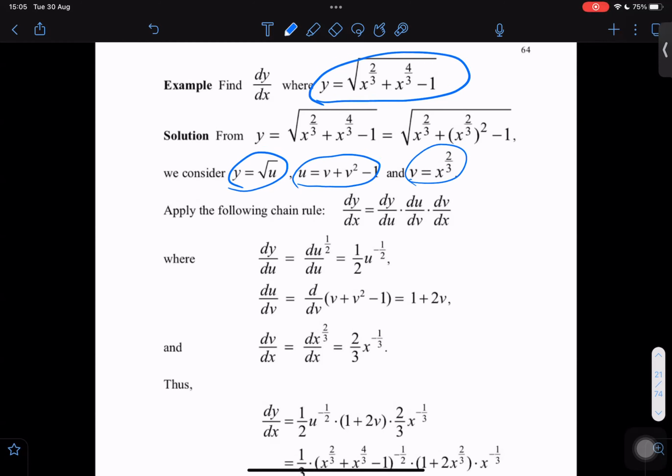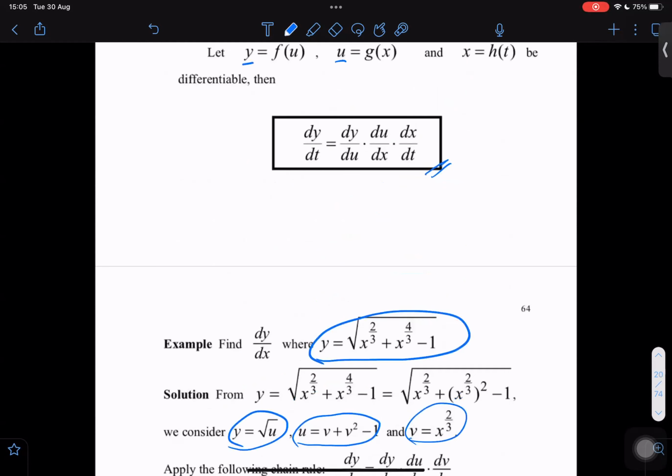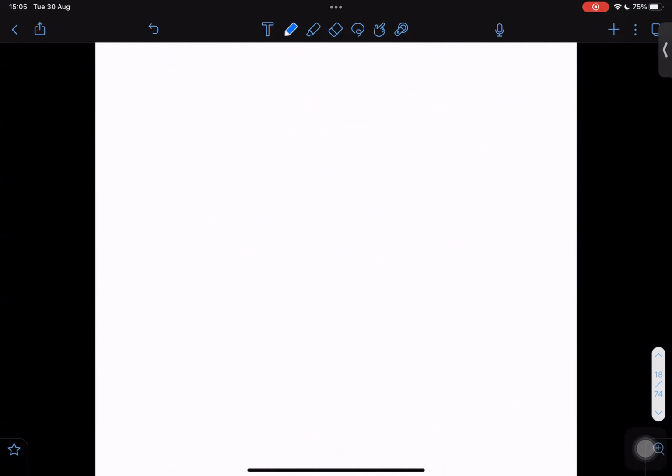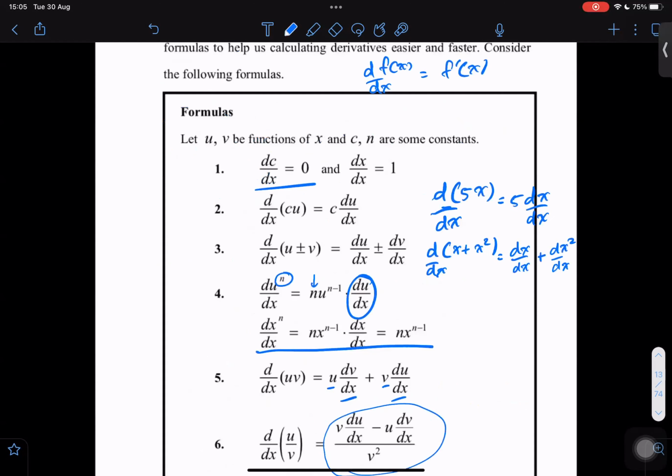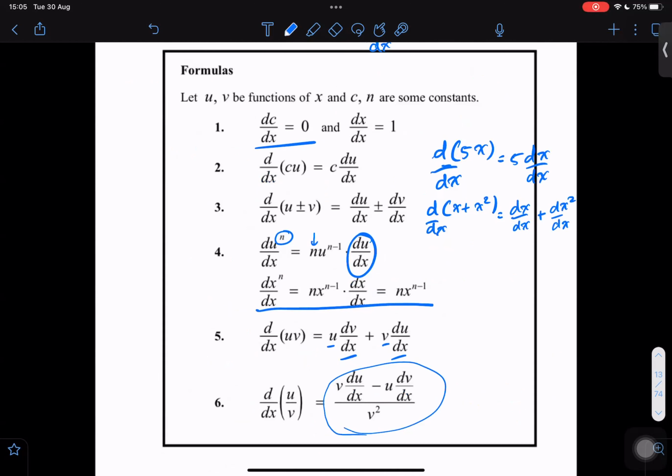I'm going to let you see that you already see the chain rule in the first set of the formula, which is here, this one. This one is the chain rule already.